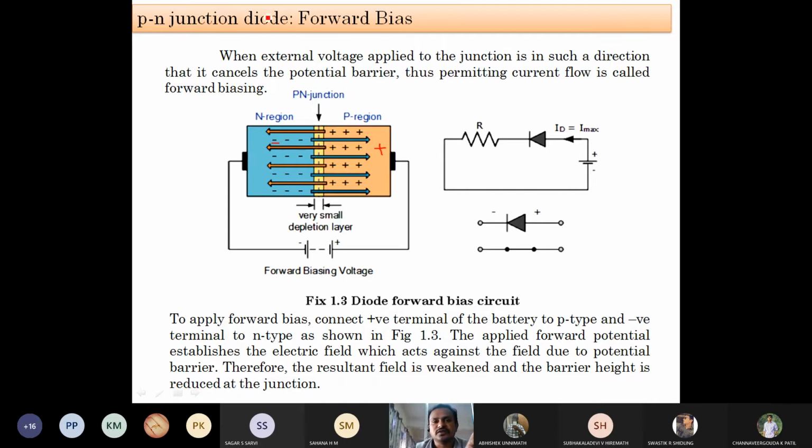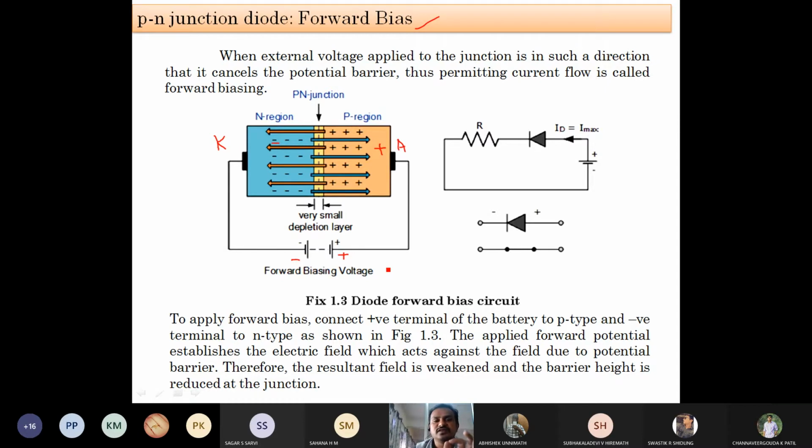Here we are going to discuss the forward bias concept. By observing this diagram, you come to know the P region and N region, which are the semiconductor materials. The P region, that is the anode, is connected to the positive terminal of the bias, and the cathode, that is the N region, is connected to the negative terminal of the bias.